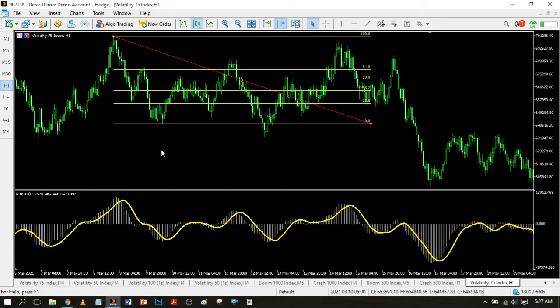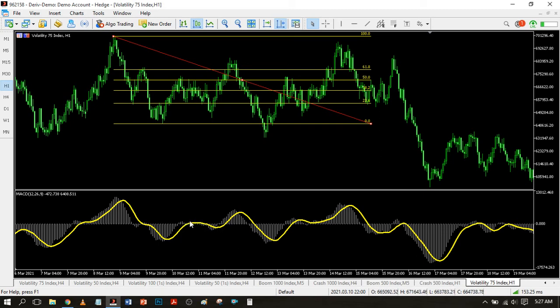You can see price moved from here to here, then you can see it came towards it right here. It came in between 50 and 61.8. Then you had your MACD push to above 0.